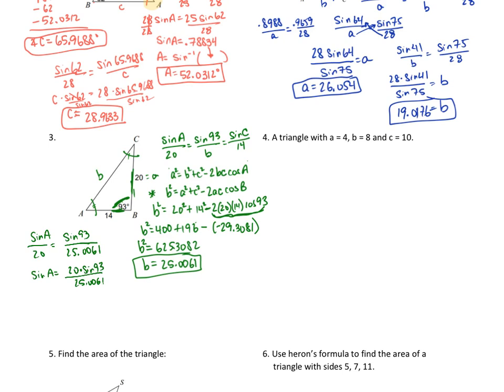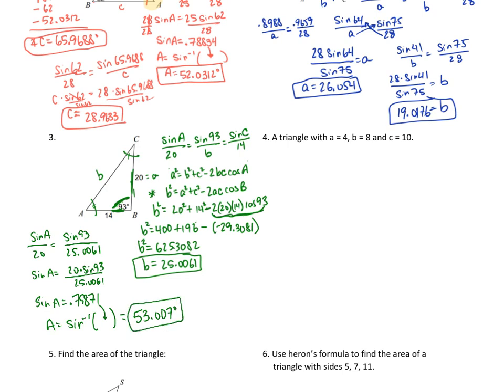Working all this out, I'll end up with the sine of A as being 0.79871. A will be the inverse sine of that answer, and I'll get 53.007 degrees.